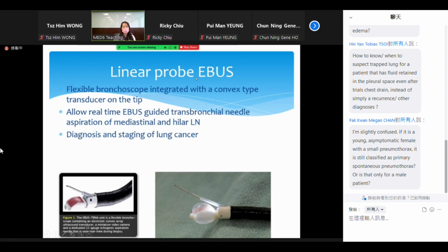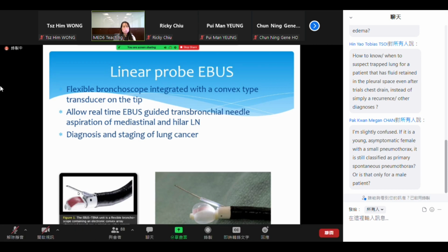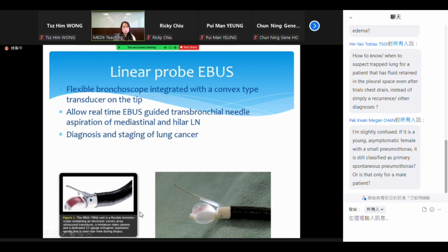So the linear probe is another kind of method, linear EBUS. This is the EBUS scope. And this is the ultrasound probe, and this is the needle. So the main indication is mediastinal pathology, staging lung cancer, and mediastinal lymph node biopsy, or FNA.